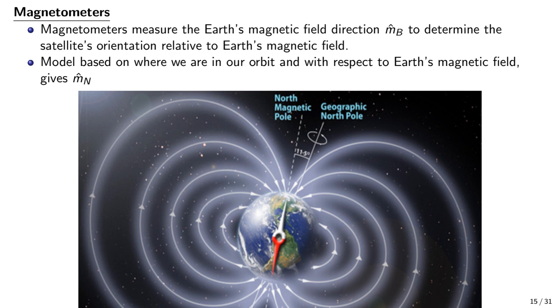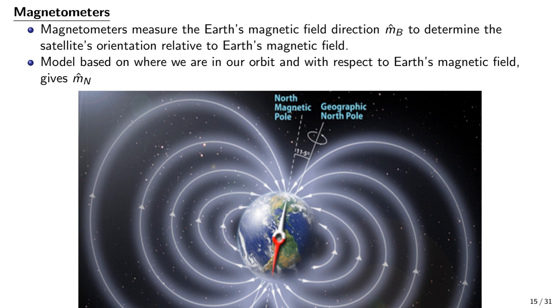You model based on where we are in our orbit and with respect to the Earth's magnetic field. So you have your inertial point, and then you take measurement from the Earth's magnetic field. All right.